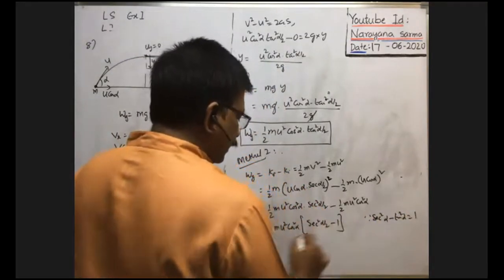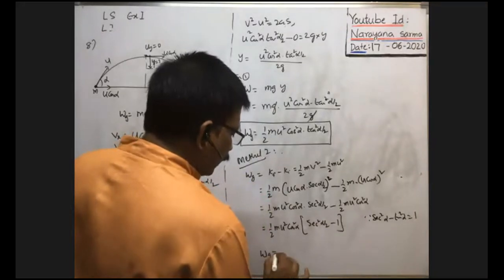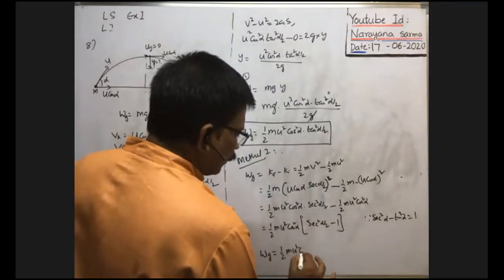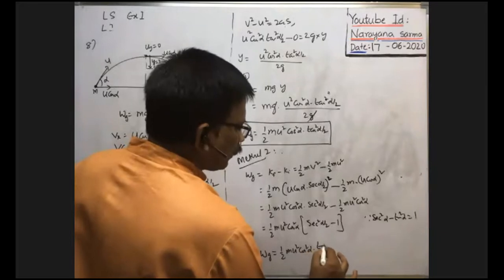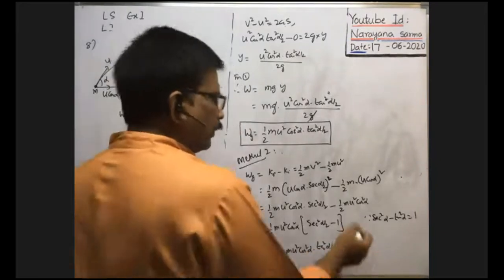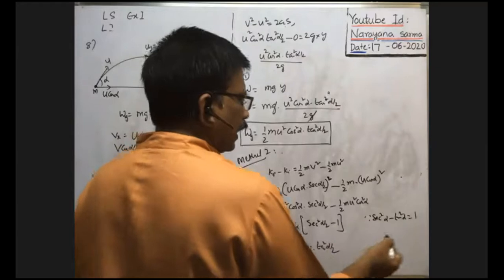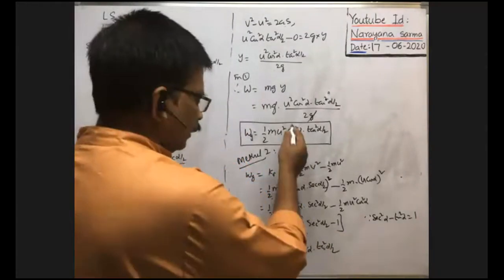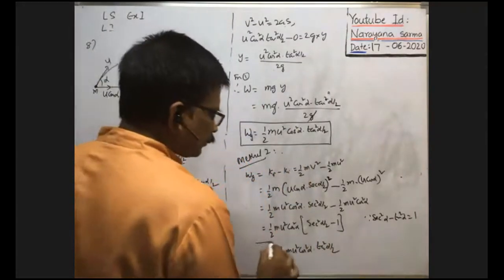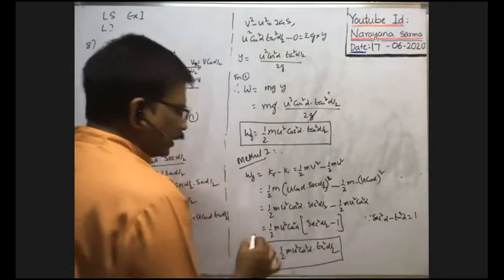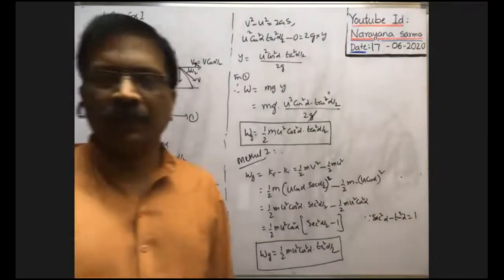That's why this can be written as tan square alpha. Therefore, work done by gravity is equal to half m u square cos square alpha into tan square alpha by 2. Of course, here alpha by 2 is there. I have written alpha by 2. Okay, so you see these two both are equal, no? So by work energy theorem also we can calculate like this. Okay.